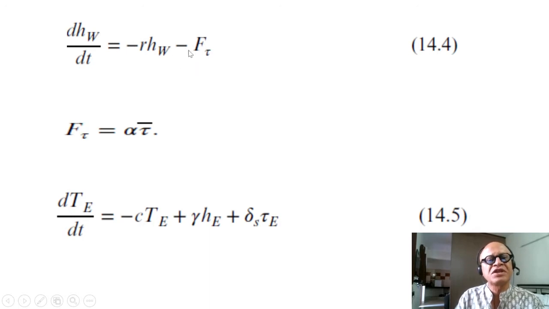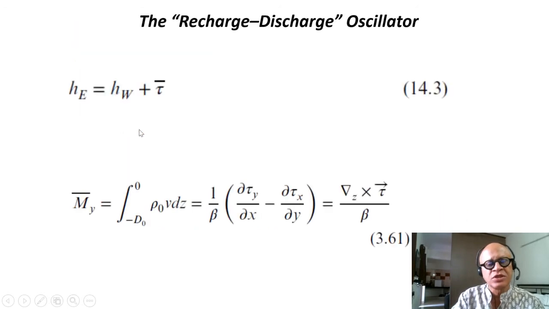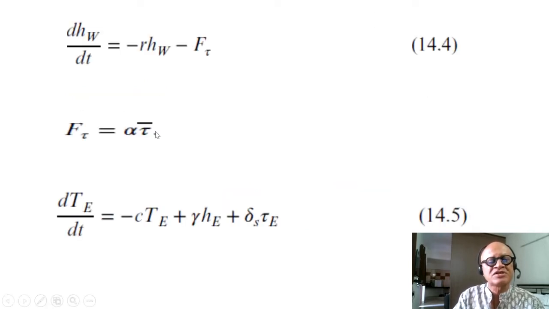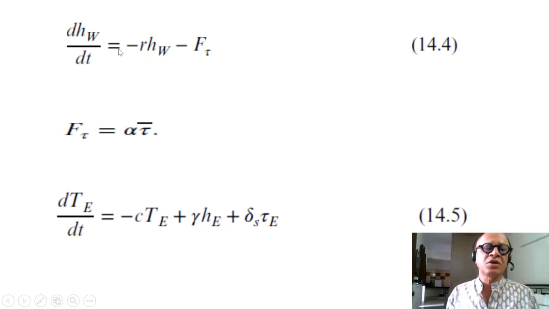Okay, so this wind is giving you variability of the anomaly in the west, and that is related to the anomaly response that is balancing the east-west gradient. So that wind anomaly is related to this tau bar with some coefficient alpha. These are simplifying assumptions, but you can read the paper to look at the justifications. But you can see how simple the equations are.